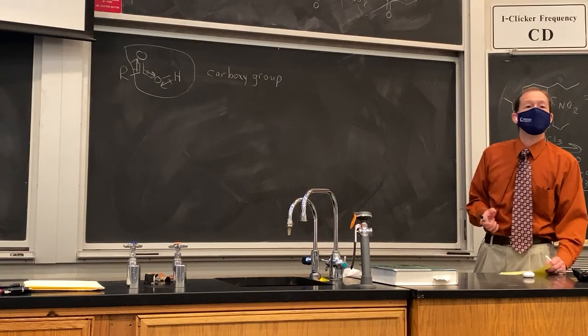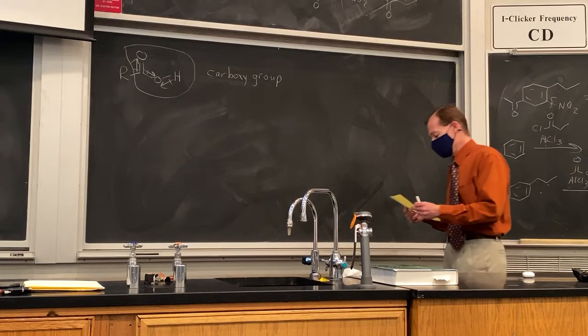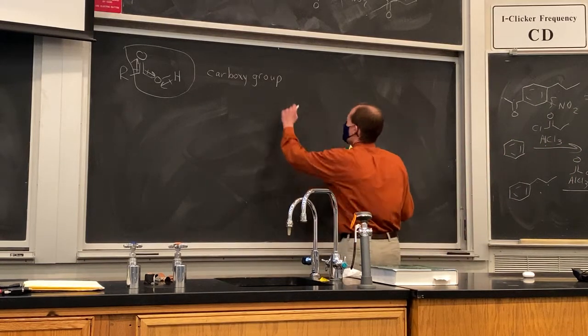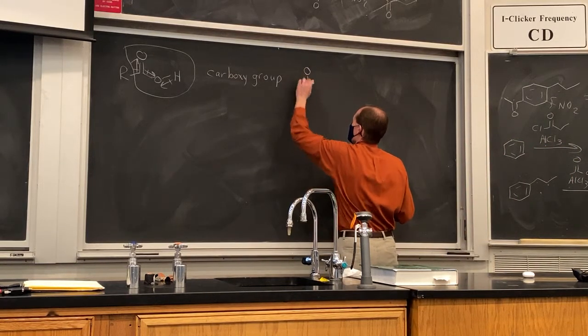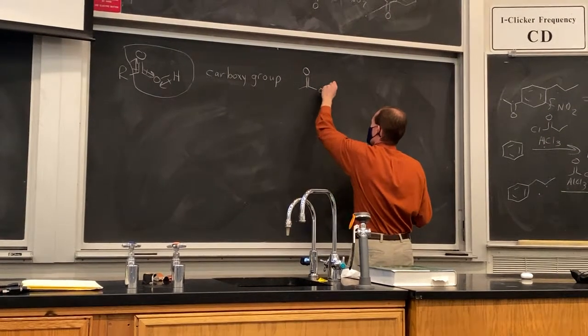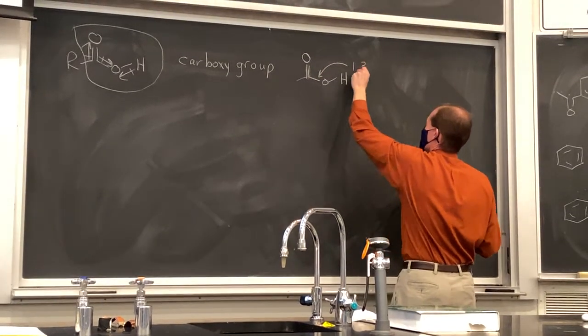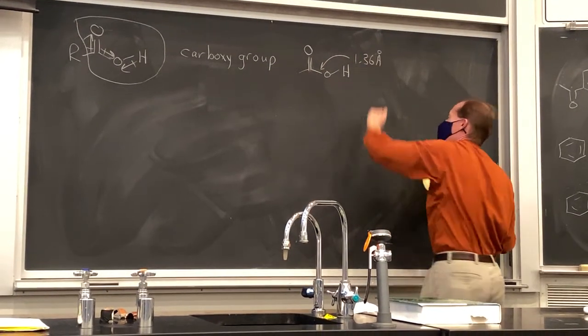Okay. One other interesting feature of the structure of carboxylic acids is related to the bond length of the carbon-oxygen sigma bond. So this sigma bond in acetic acid is 1.36 angstroms in length.